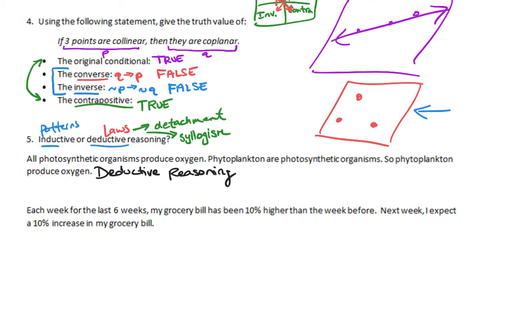Because this gives me a conditional statement, it gives me a P then Q. If it is a photosynthetic organism, then it produces oxygen. And then it tells me that phytoplankton makes this true. Phytoplankton is a photosynthetic organism. So if P is true, then Q must follow. That's our law of detachment. So yeah, it's deductive reasoning, but specifically, it's the law of detachment.